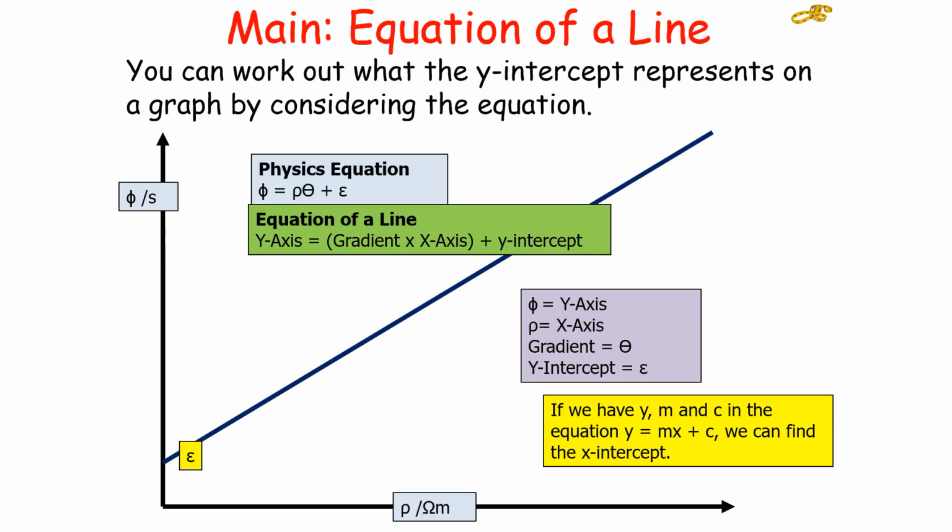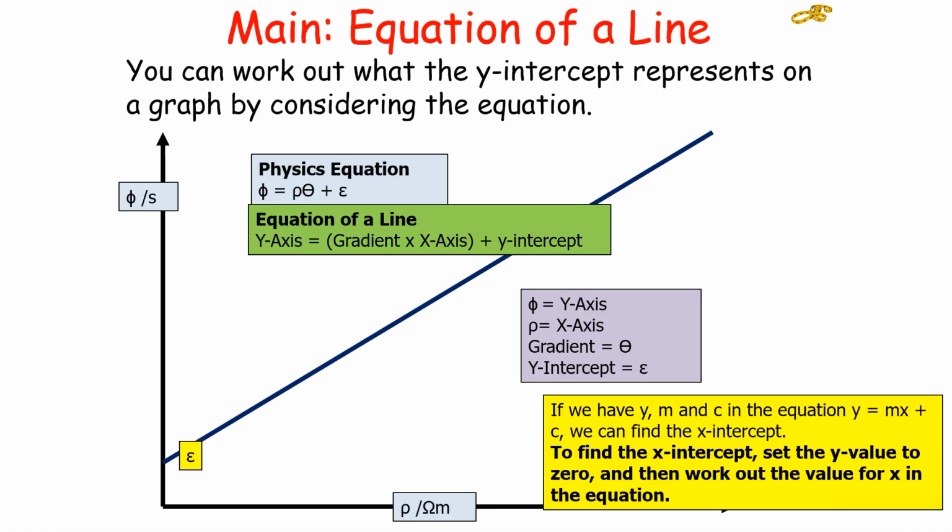So if we have y, m and c in an equation y equals mx plus c, we can find the x-intercept even if it's not shown on the graph, because if we set the y value to 0, we can then work out the value for x in the equation if we've already got m and c from the values on the graph shown.